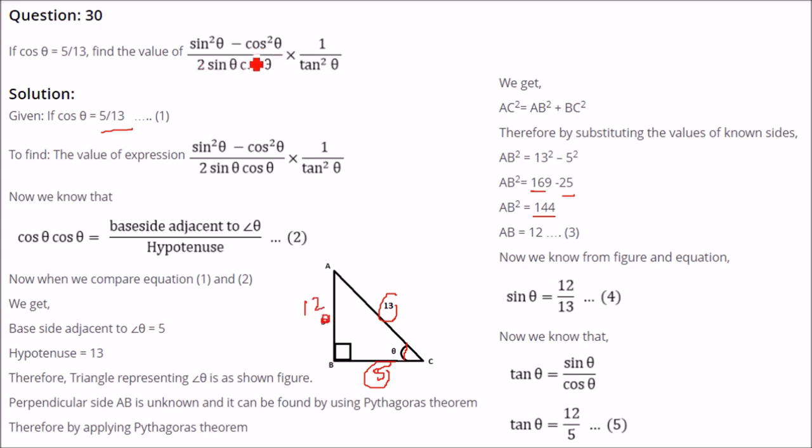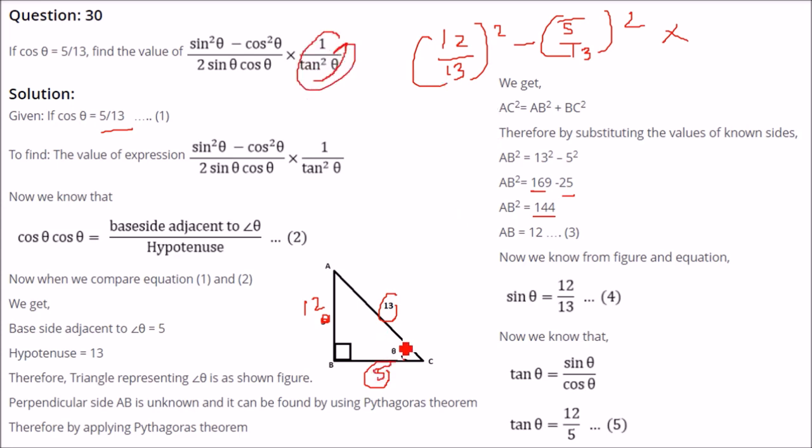Sin square theta. Sin theta is perpendicular upon hypotenuse. Perpendicular in this case is 12, so 12 upon the hypotenuse, that is 13, whole square, minus cos square theta. Cos square theta is base upon hypotenuse, that is 5 by 13. Into, I'm taking cot square theta here.